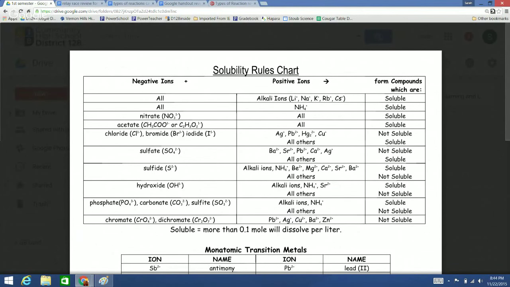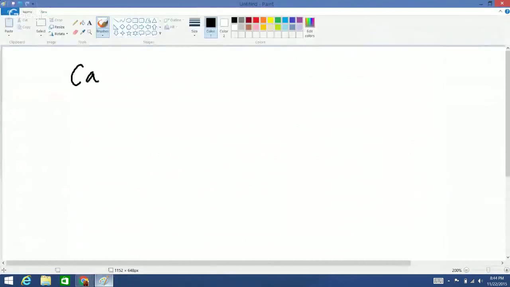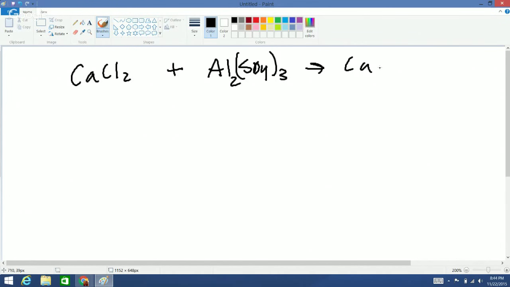It made calcium sulfate. Oh, that's perfect. Okay, yeah, that works out nicely. Calcium chloride plus aluminum sulfate made calcium sulfate. Oops, I did it opposite this time, but that's okay. Aluminum chloride.